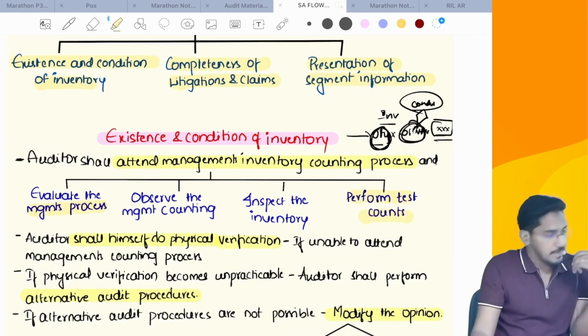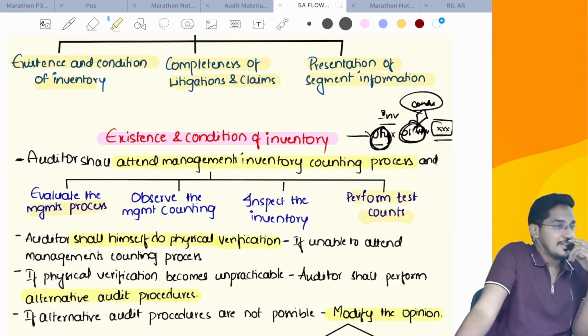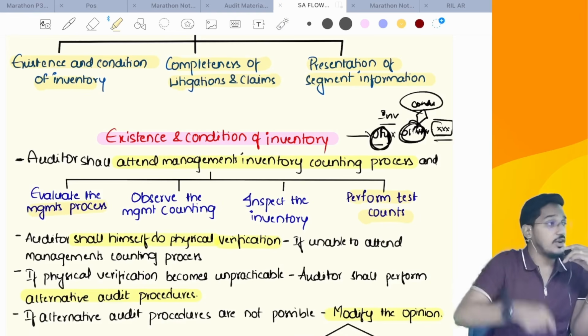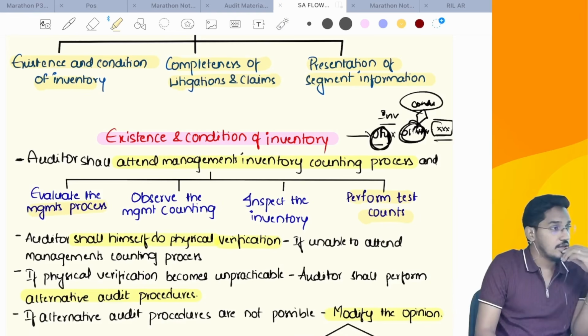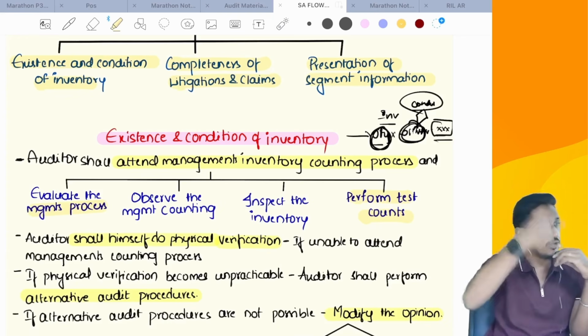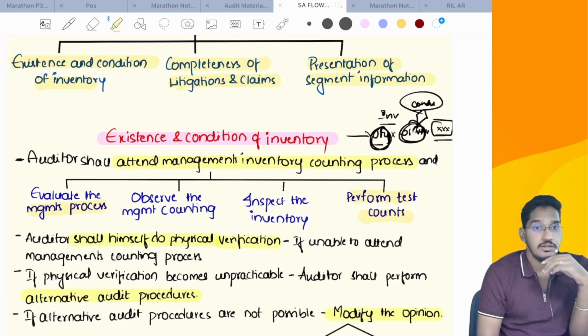I felt very bad looking at that question. For a moment, I felt like I should quit the teaching and all. I can't see all these horrible things happening. I felt it is really a worse question if you ask me. Why should I do that in that order only? First I will evaluate management plans, then I will sit and observe, I will perform test count, then inspect the inventory. What mistake have I done by doing that?